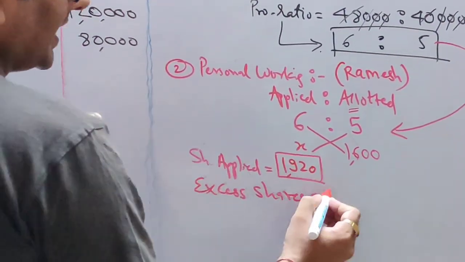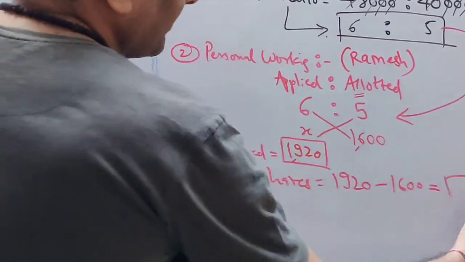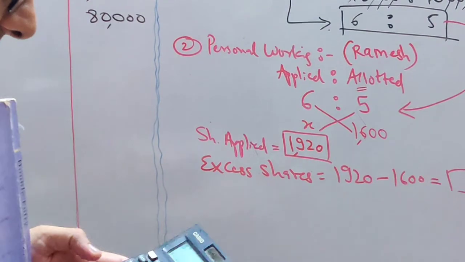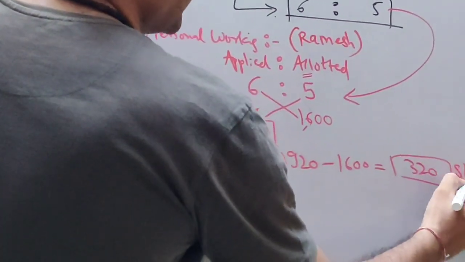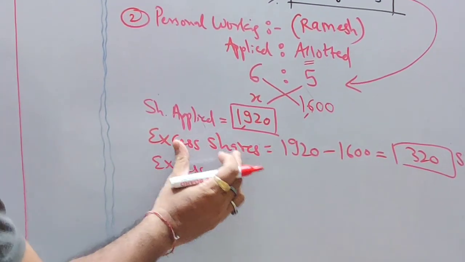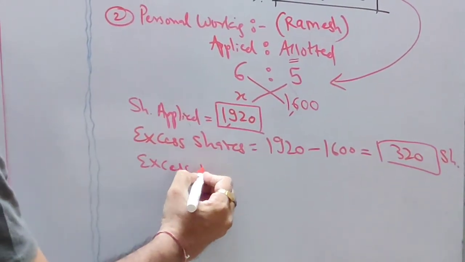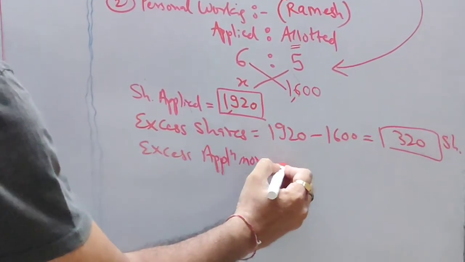So there is an excess number of shares that you can find now. Excess shares equal 1920 minus 1600. So how many shares are in excess? 320 shares are in excess. Now with the help of excess shares, you can find the excess application money. How?